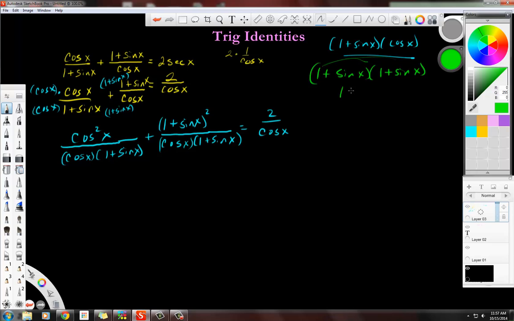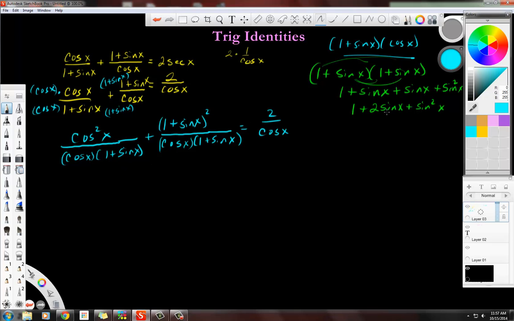So that's 1 times 1 is 1, plus 1 times the sine of x is sine of x, plus that would be another sine of x, plus sine squared of x. So that's going to become 1 plus 2 sine x plus sine squared x. And hopefully everybody's still with me here. So now I'm going to come back.